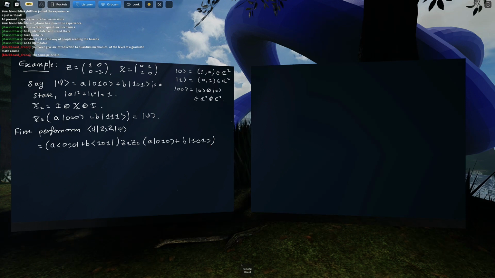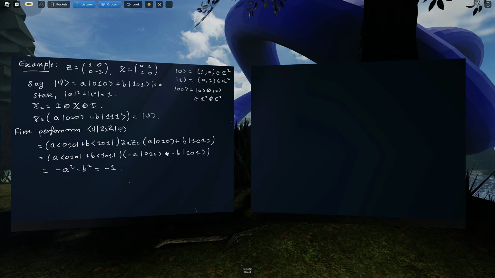So that equals A|0,1,0> plus B|1,0,1> multiplied by negative A|0,1,0>, whoops, that's minus B|1,0,1>. And then that ends up being negative A squared minus B squared, which is equal to -1. Okay, so that's the first measurement that we performed, and this is the first outcome that we got.